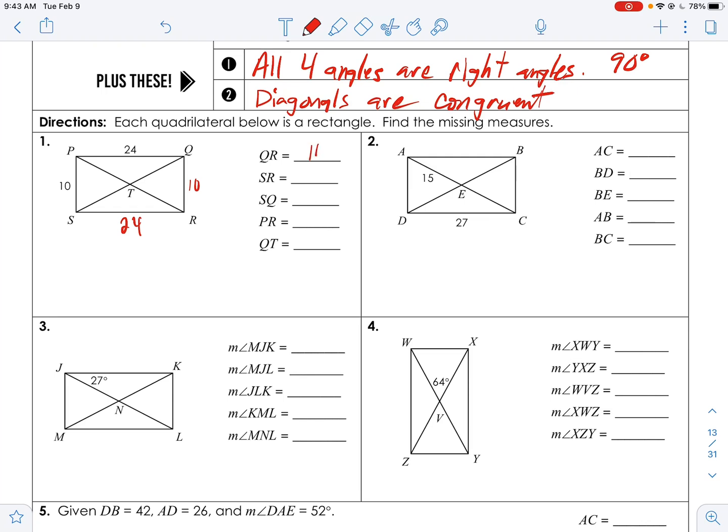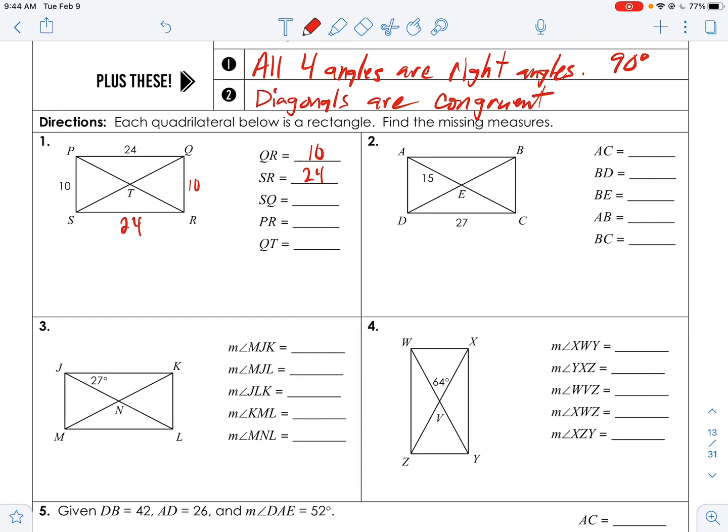So, QR we know is 10. SR is 24. S to Q, we don't know yet. PR, we don't know yet. QT, we don't know yet. So how can we figure those out?